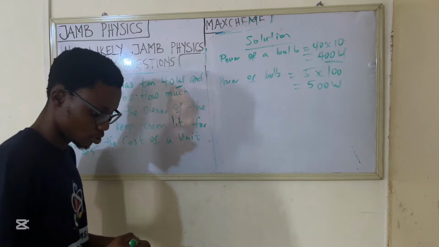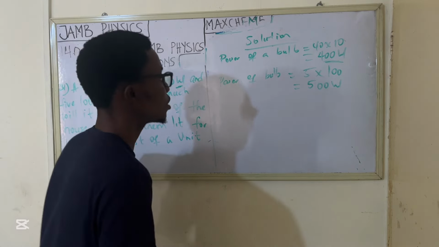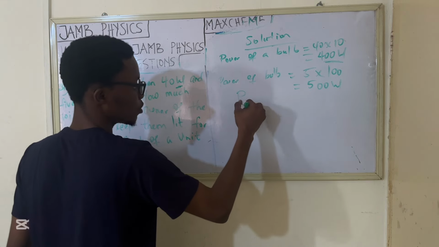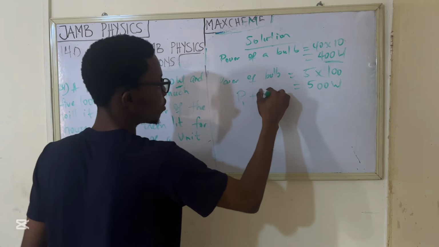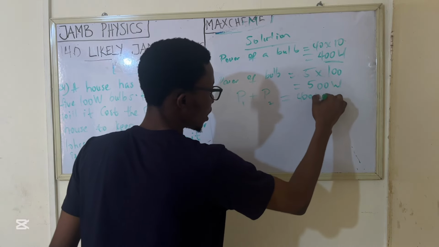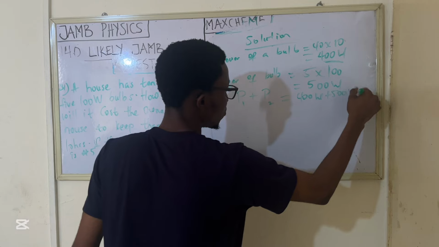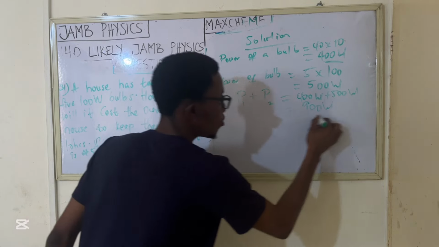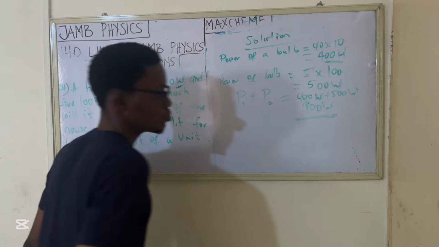So now, to get the total power of the bulbs, let's just add the power of the first bulbs and the power of the second bulbs together. That will be 400 watts plus 500 watts. So that will be what? 900 watts. That is the total power consumed by the bulbs.